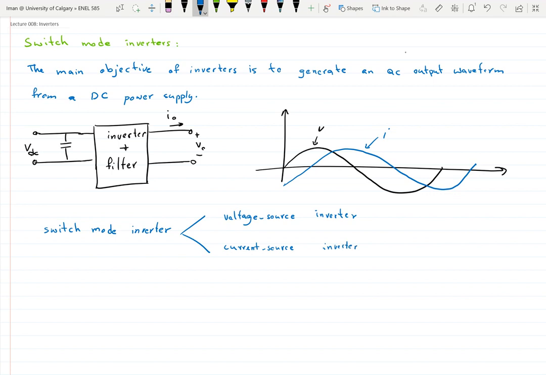In the voltage source inverter, the input power supply that we explained here is a voltage source, and in the current source inverter, the input power supply is a current source. So in this lecture we're gonna talk about the voltage source inverters because that is the one that has the highest applications, most number of applications.